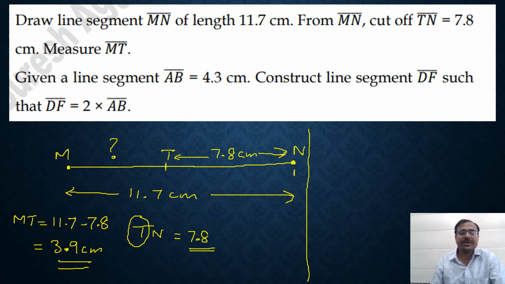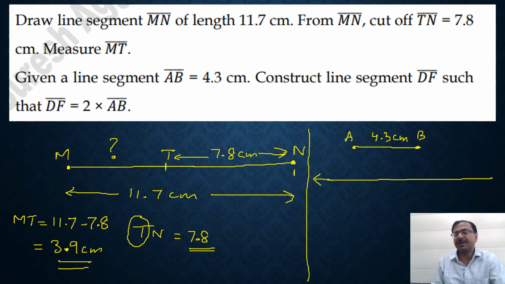Likewise, in the second question, given a line segment AB, let's see, this is A and this is B, and the length is 4.3 centimeters. So we need to construct another line segment DF such that DF is double of AB. So what do we do here? You can mark a big line, just mark arrows on both sides, and then start with point D, and then open the compass this much, like from A to B, right?